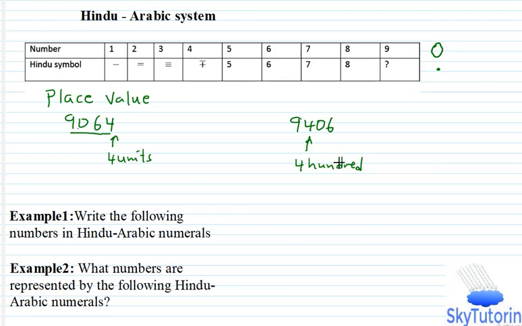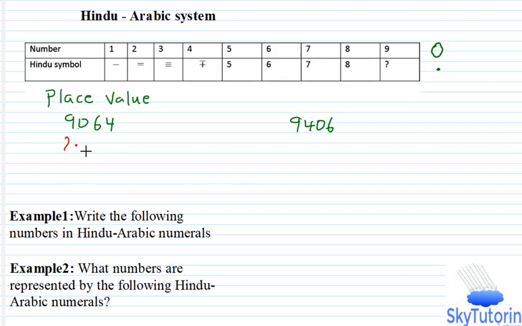Now, let me erase this. Let's say we want to represent 9,064 in the Hindu-Arabic system. How are we going to represent that? 9 stands for this symbol, and then we have 0, which we said is represented by the dot.